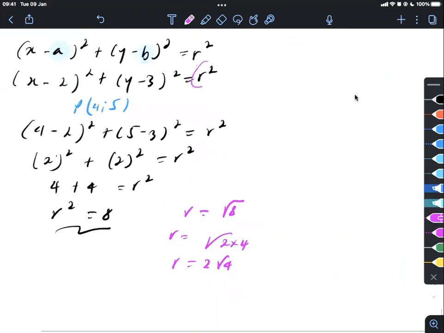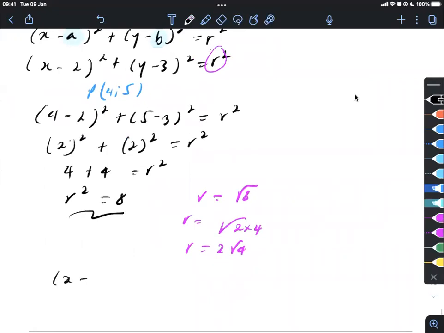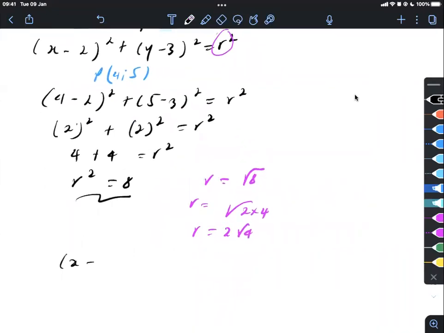Okay, now, the position of r squared, I'm going to put this. So my equation will be x minus. Remember to rewrite your equation with the x and the y. It's going to be an 8.